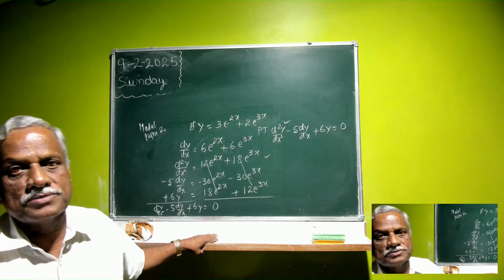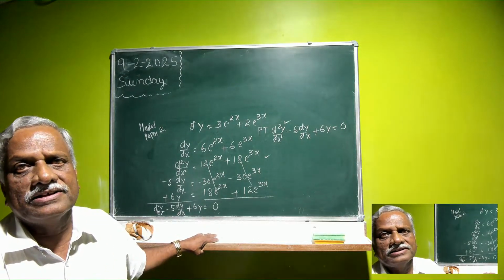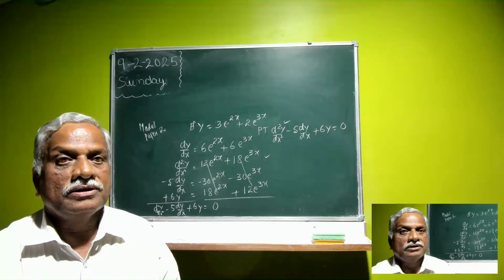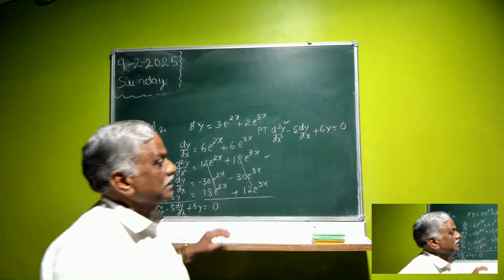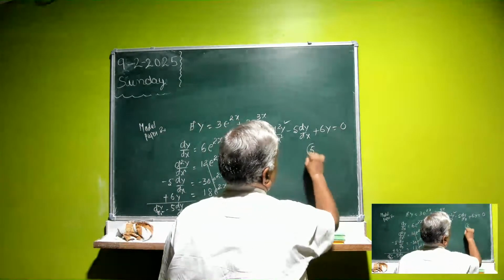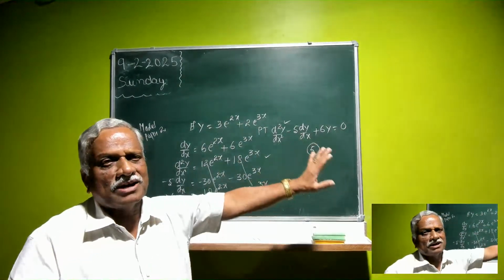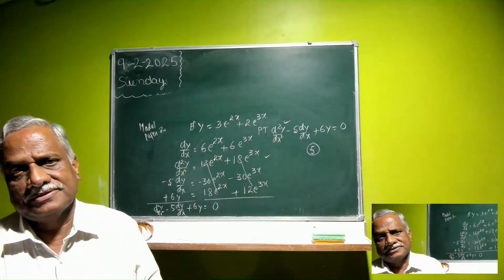And these types of problems with a little more difficulty, one problem every year will appear in part D, which carries 5 marks. In fact, today I am taking up those problems. And 5 marks you should be very sure of.